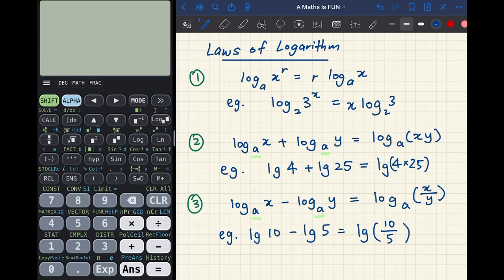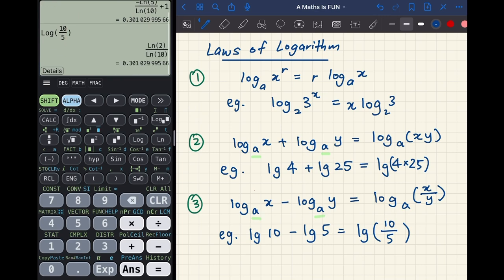All right. So if I were to numerically check the left hand side and the right hand side of that simple example, then I'll have log 10 minus log 5, and that's going to give me that whole long string of numbers, but I'm not going to worry about that. Then I key in the right hand side separately, 10 over 5.